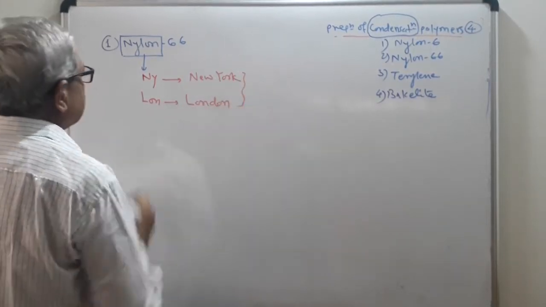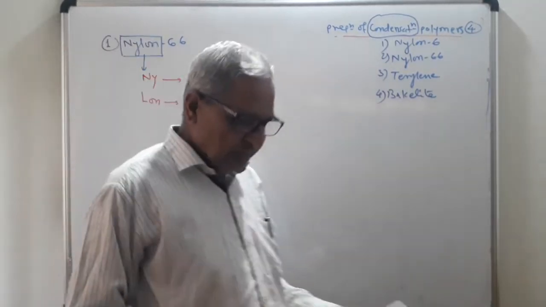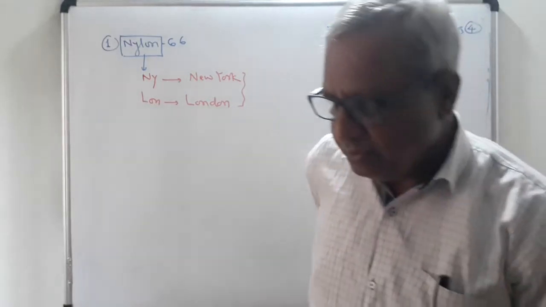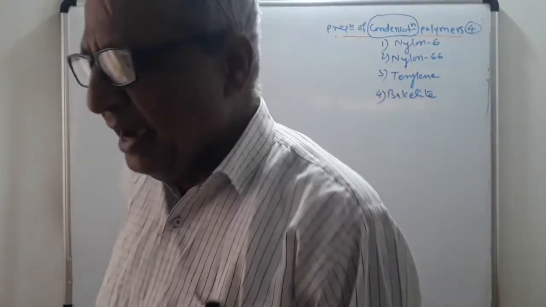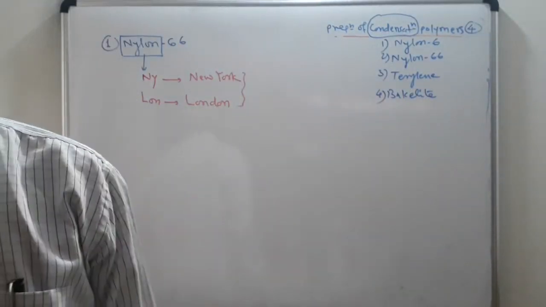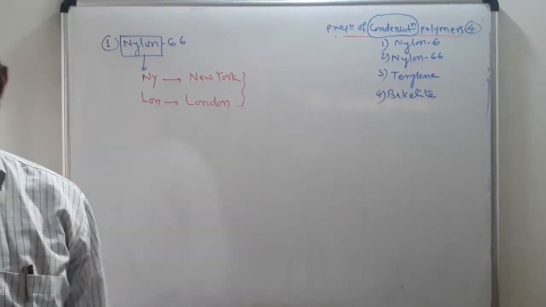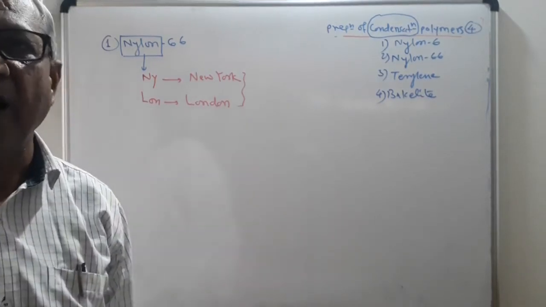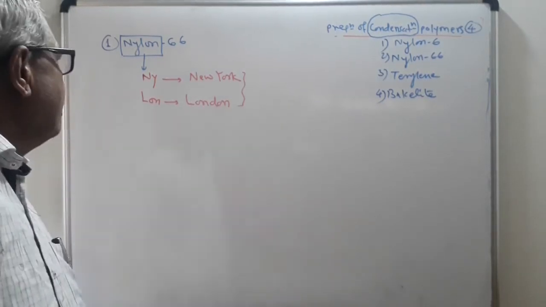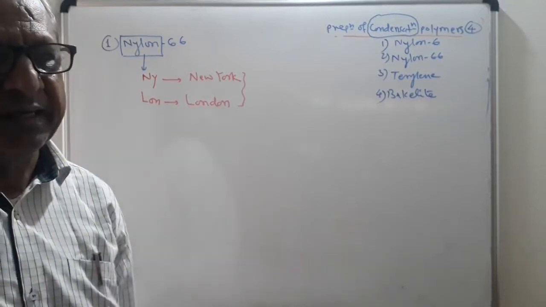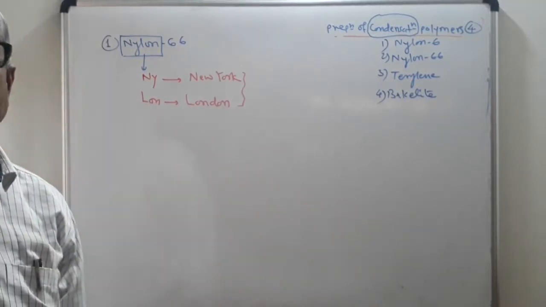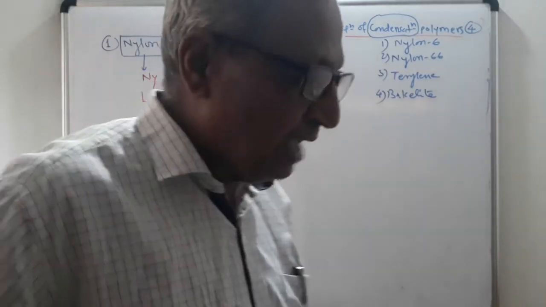See, the question will be set on the title. In the name nylon, the NY and LON indicates what? NY indicates New York and LON indicates London. Why is this name given to this fiber?